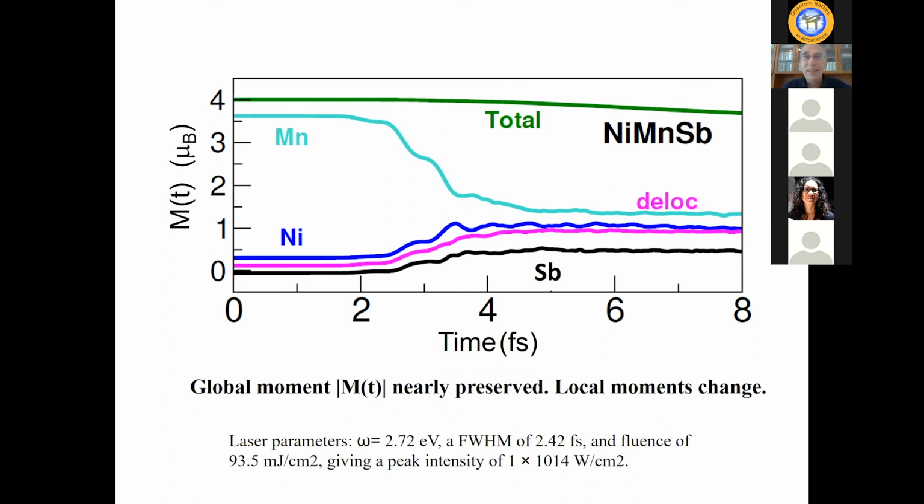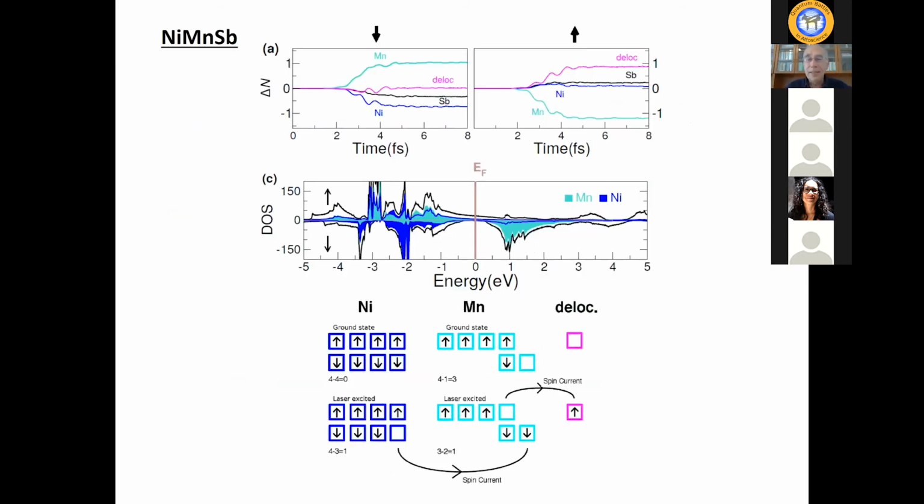So can we understand this? The first line here of this transparency is still calculation, and the other two lines are interpretation. What you see in the first line is, as a function of time, the integrated spin density, so the number of spins, if you wish, on manganese and nickel, and delocalized, as it changes in time.